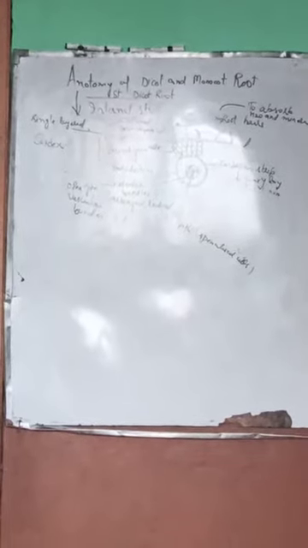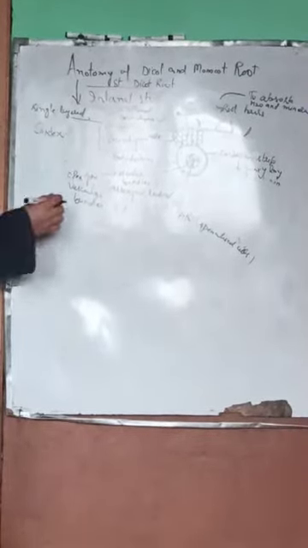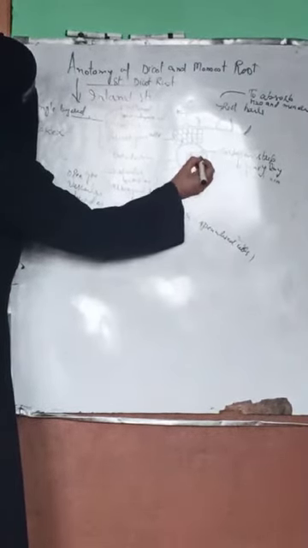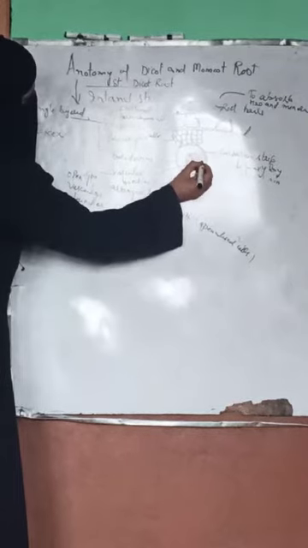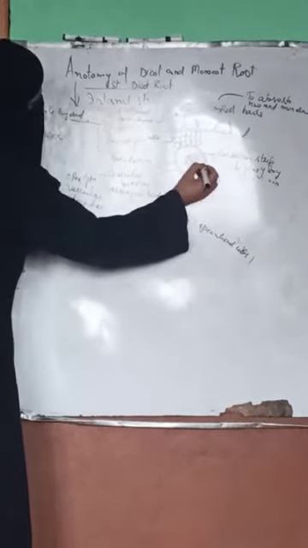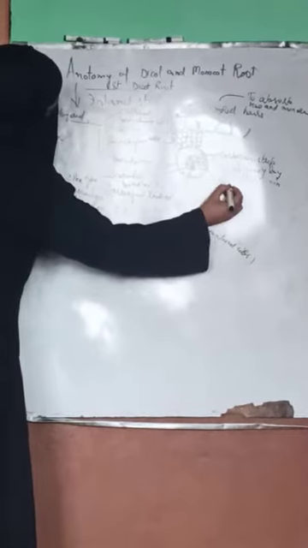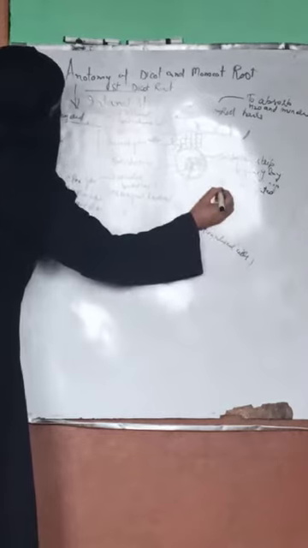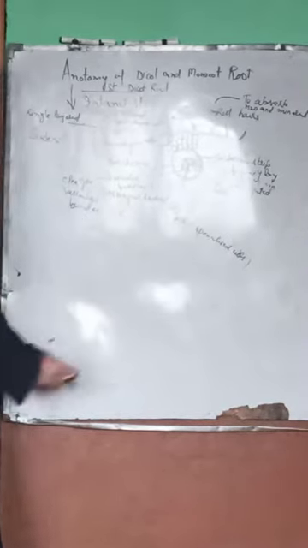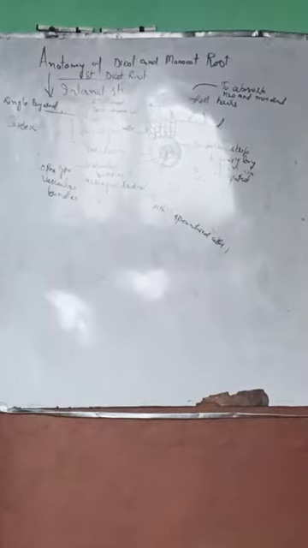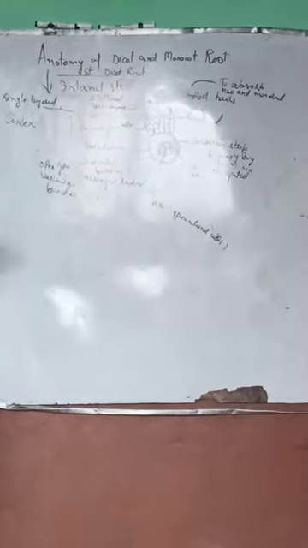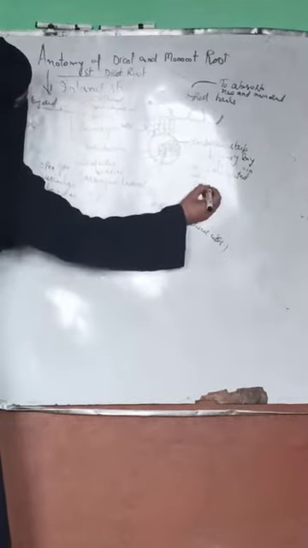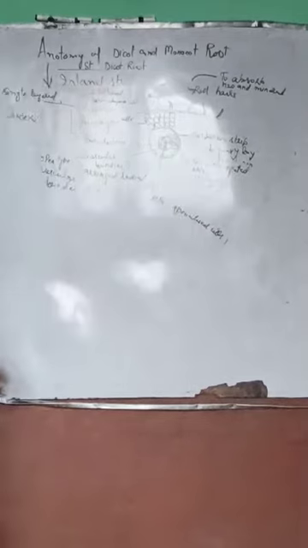Then there is a structure of some elongated cells present here like this. These elongated cells are collectively called the pericycle.